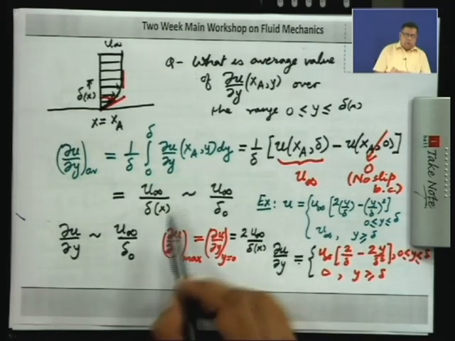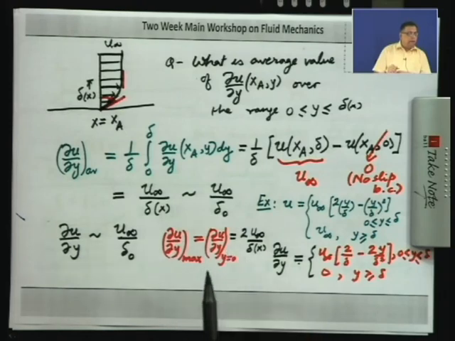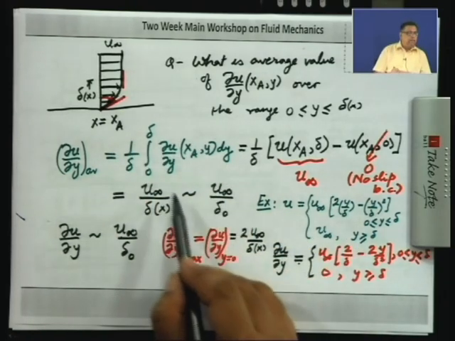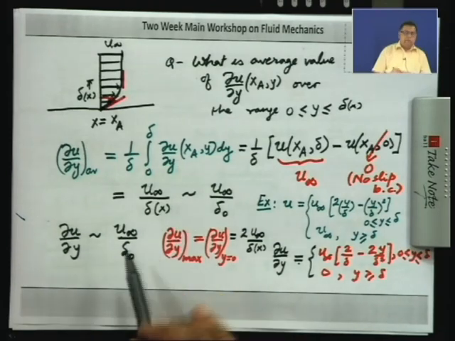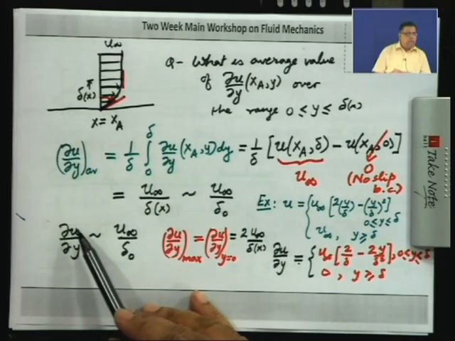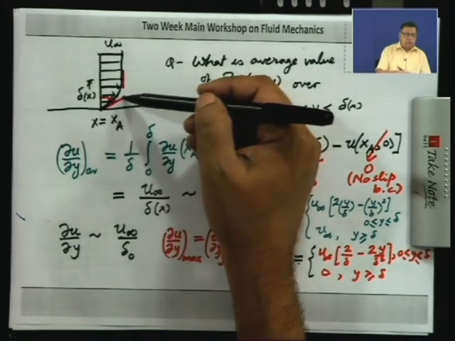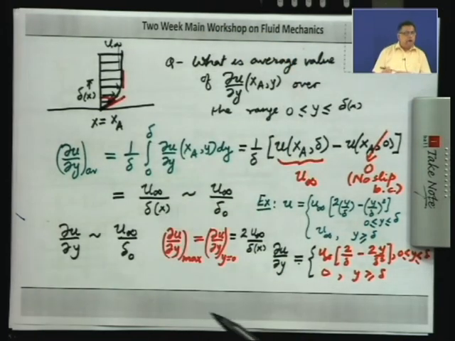So, it goes like u infinity by delta naught, the order of magnitude is the same. So, I hope this example has convinced you that this definition of the average is useful in obtaining estimates of the order of magnitude of del u del y, provided we have some idea of what u is as y goes to infinity, and that we can get from the boundary conditions.